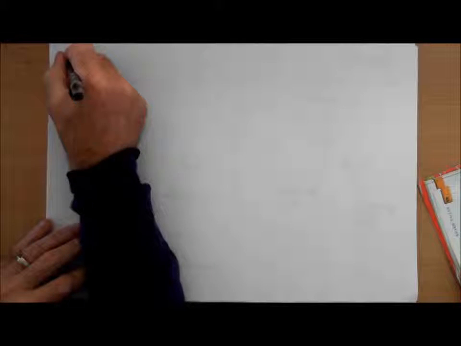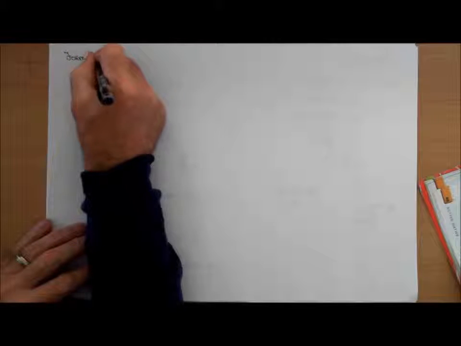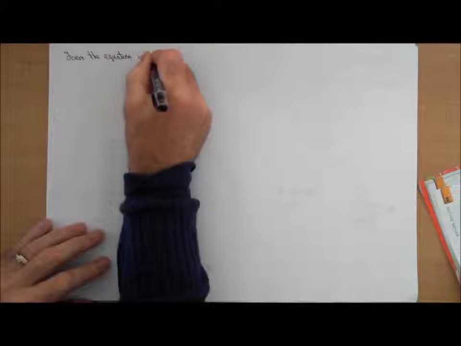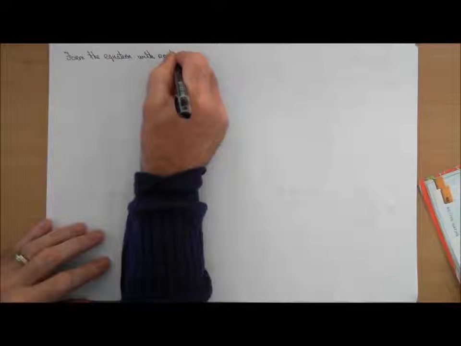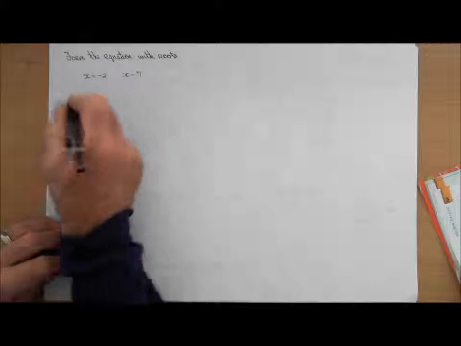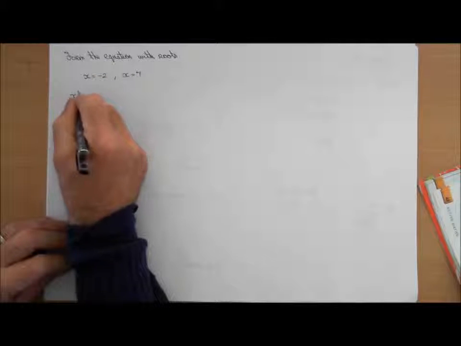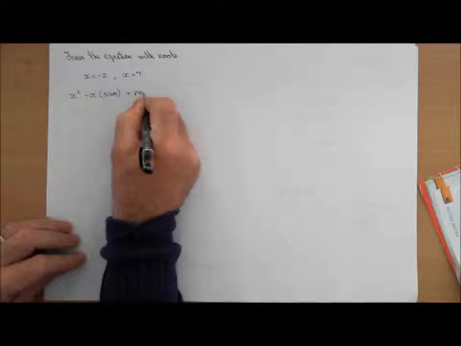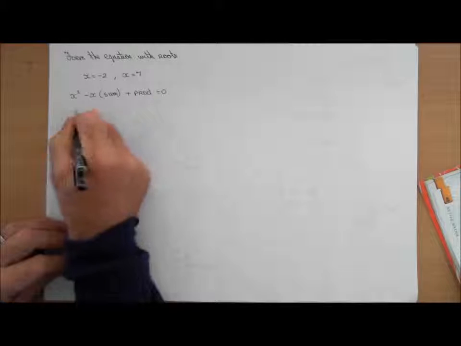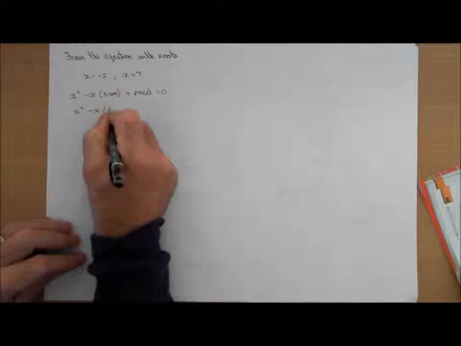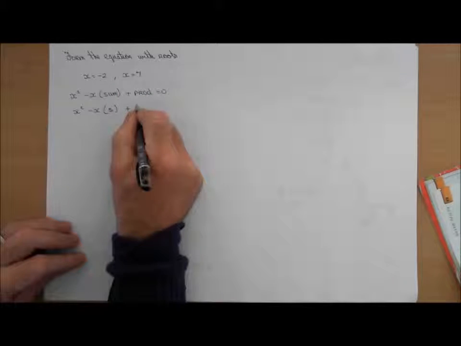Right? So if I told you to form the equation with roots x equal to minus 2 and x equal to 7, I could say the equation is x squared minus x times the sum of the roots plus the product of the roots equal to 0, which is x squared minus x times, what's the sum of those roots? 5, plus, what's the product of those roots?